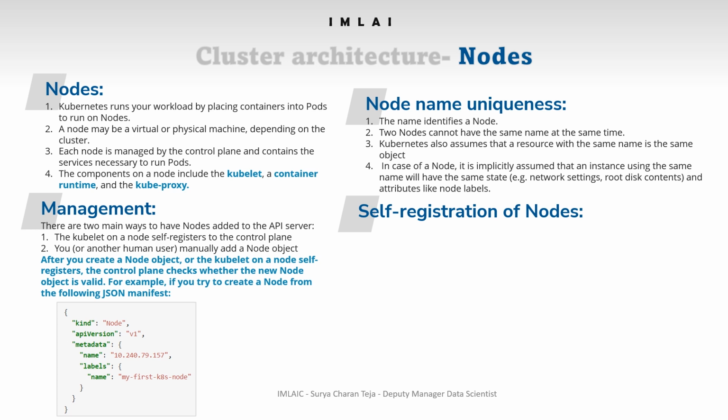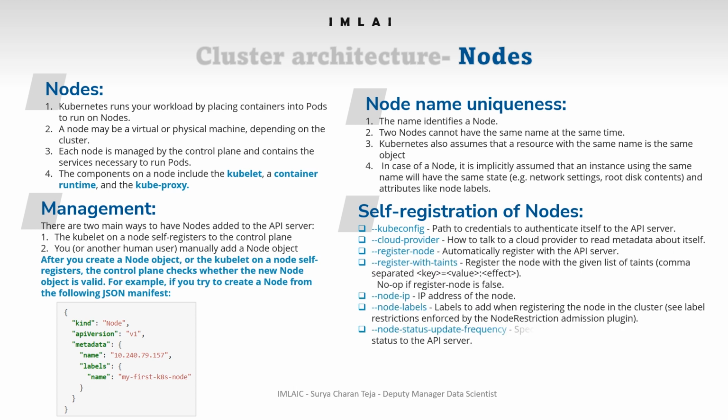When the kubelet flag register-node is true, the kubelet will attempt to register itself with the API server. This is the preferred pattern used by most distros. I'll show you that code first.